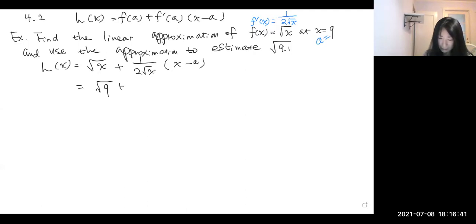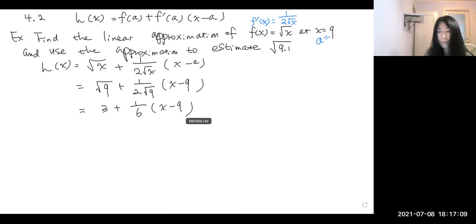So f of a, 2. So basically a, which is 9, x minus 9, okay? All right, so then we have a square root of 9, which is 3, plus 1 over 2 times 3, which is 6, and x minus 9, right? It's okay?